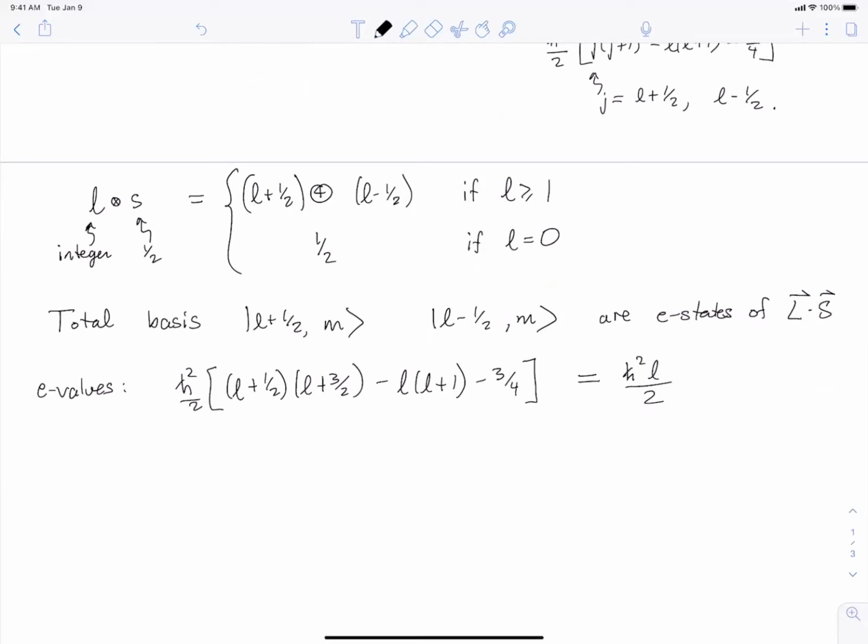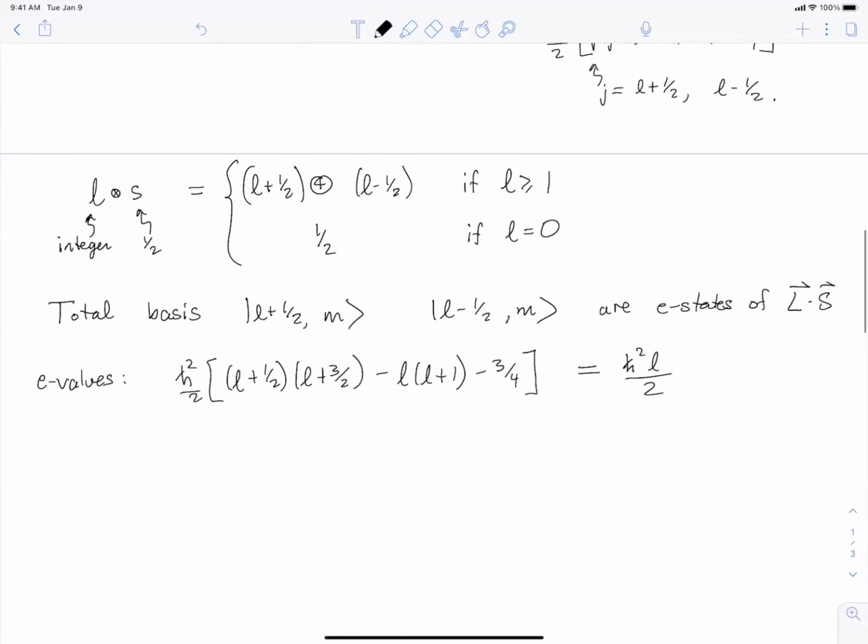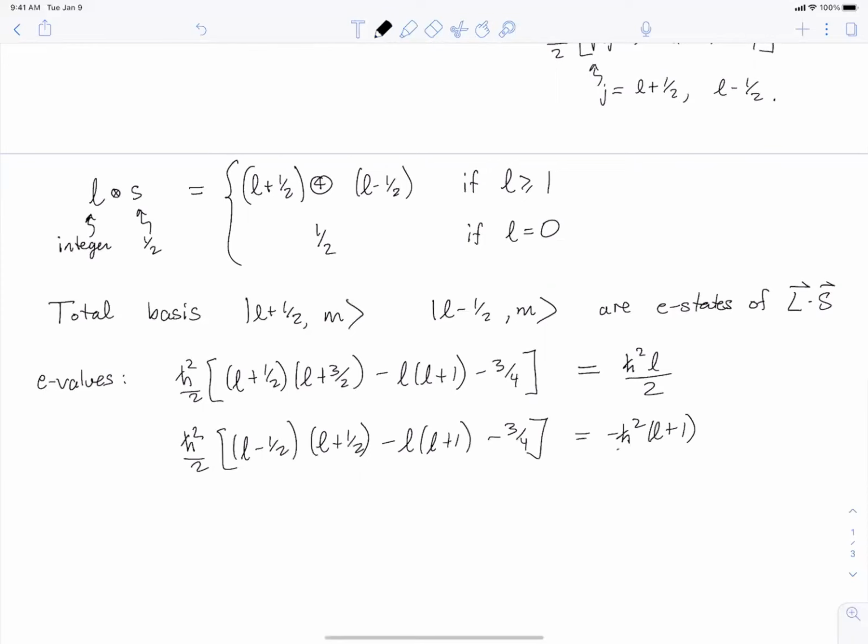Okay, so this has a very simple eigenvalue for L dot S. And the other combination is ħ squared over 2, (L minus 1/2)(L plus 1/2). The rest of it's the same. Okay, and then when you simplify that, it's minus ħ squared (L plus 1) over 2.